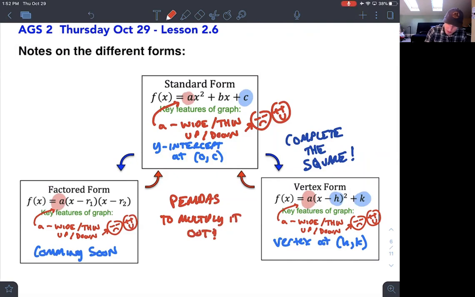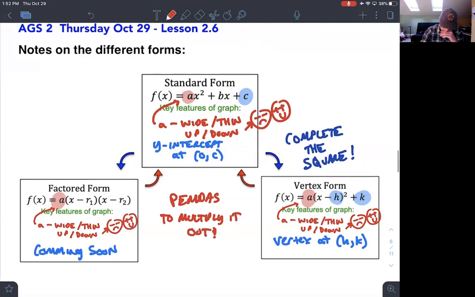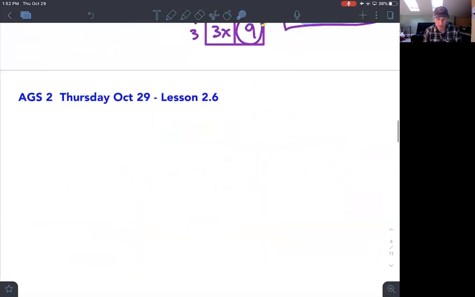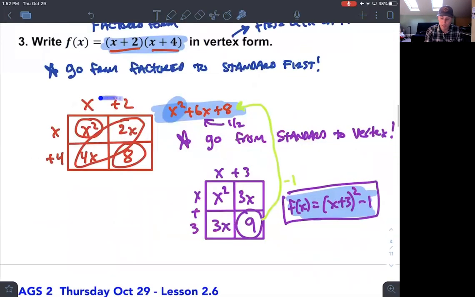Notice that I wrote this in the middle here. It's because to go from vertex form to standard form, you use the order of operations, or PEMDAS, to multiply it out, but it's the same thing when you go from factored form to standard form. This is the same trick, okay? In fact, we did that here. This is multiplication, and we multiplied this one by this one to turn this into standard form. So we did that today also, okay?